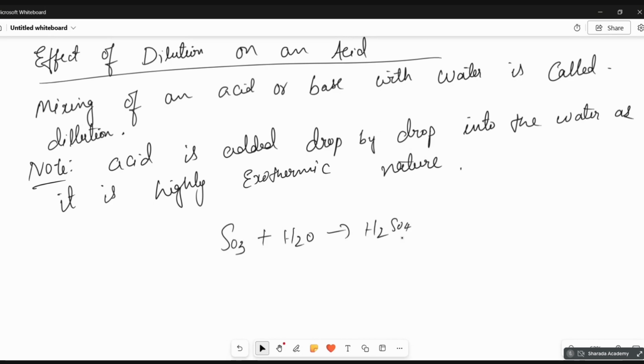Okay, and you would have heard of milk of magnesia. Rohit, what is milk of magnesia? What does it contain? Correct, magnesium. Lakshit, what does it contain?